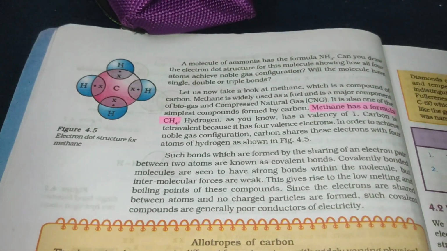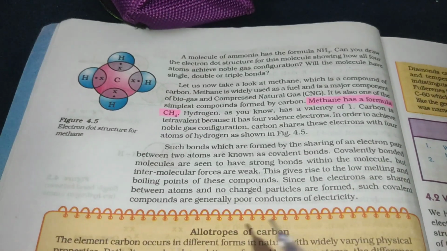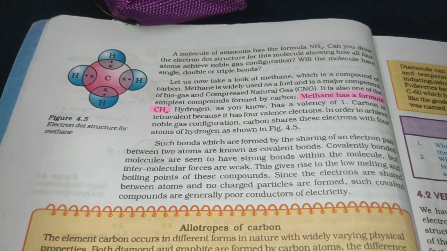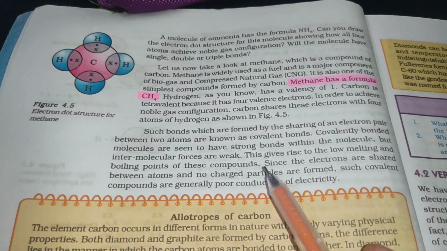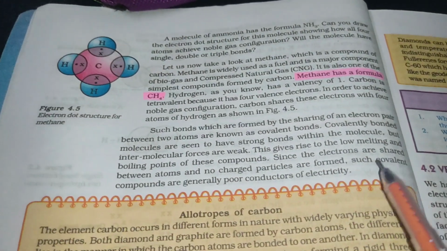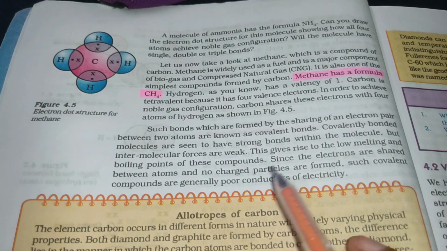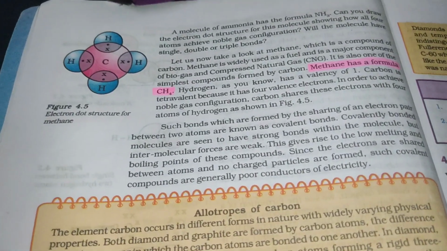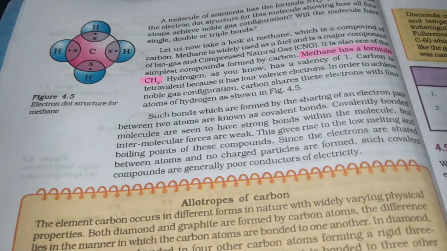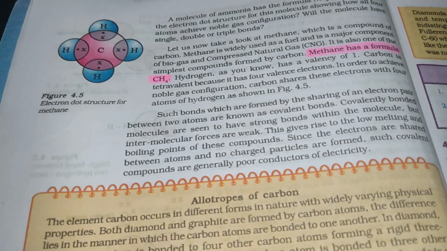So like this, many compounds are formed by the sharing of electrons. Such bonds, which are formed by sharing of an electron pair between 2 atoms, are known as covalent bonds. Covalent molecules have strong bonds within the molecules, but intermolecular forces are weak.